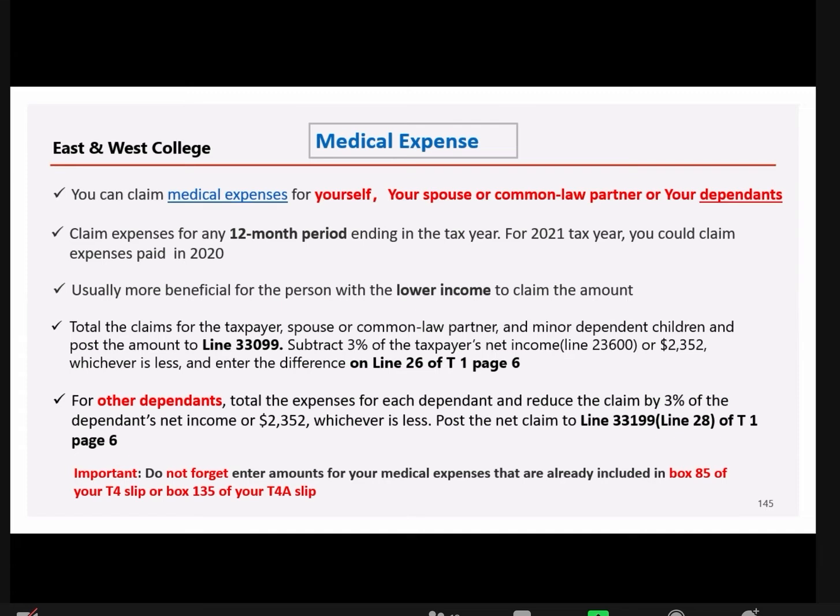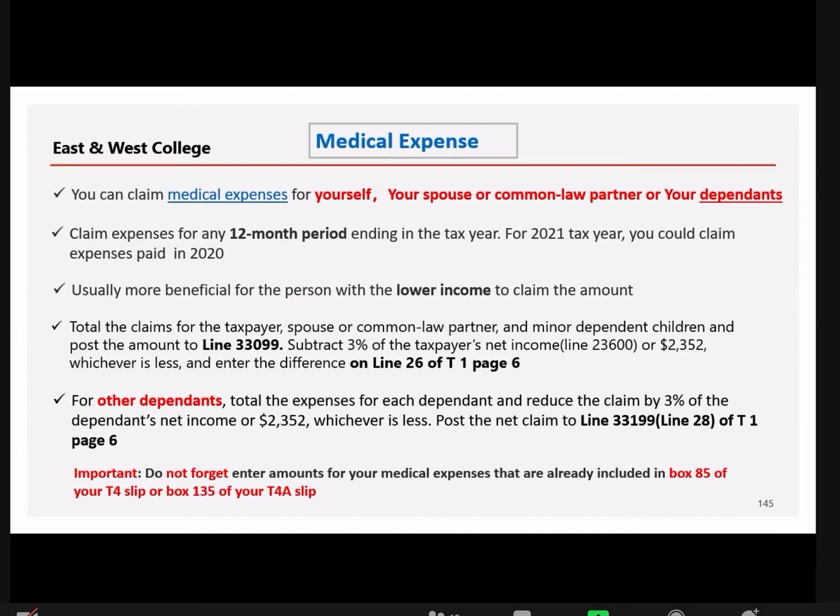It's all correct. Don't think you must claim all of 2020; that is not correct. I'm just giving you the best result: if you have 2020 medical expenses, this 2021 is the chance to claim, and for 2021 you can leave it to next year.